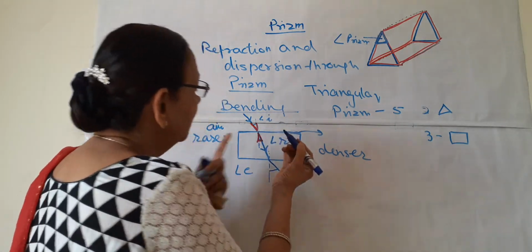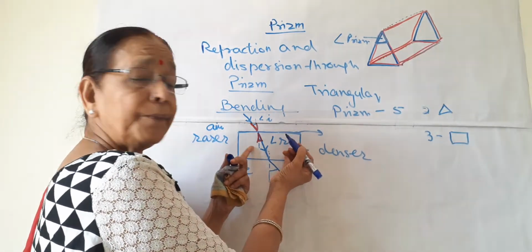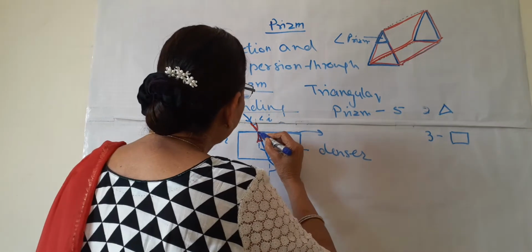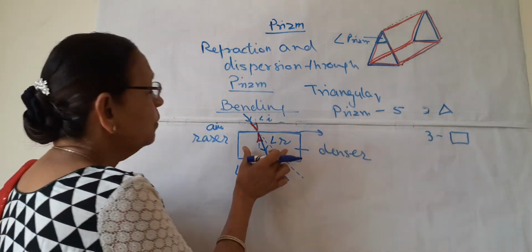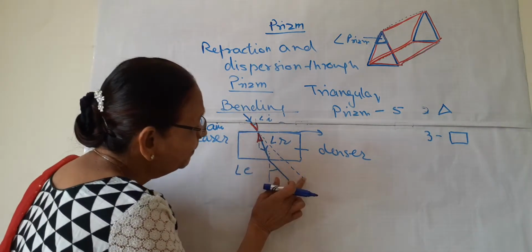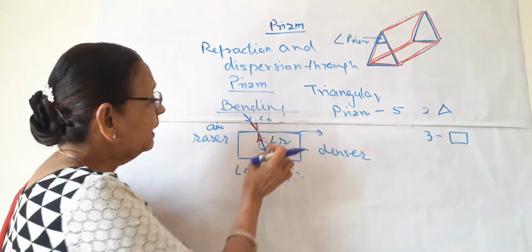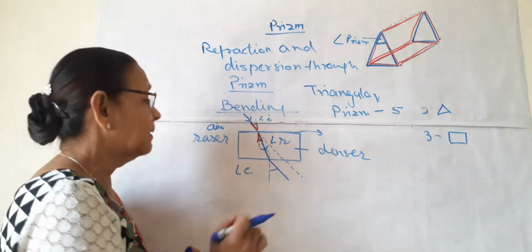And suppose there is no glass slab. If this light is coming straight, then if there were no glass, this ray should come like this. But it is bending only due to the presence of this glass slab.